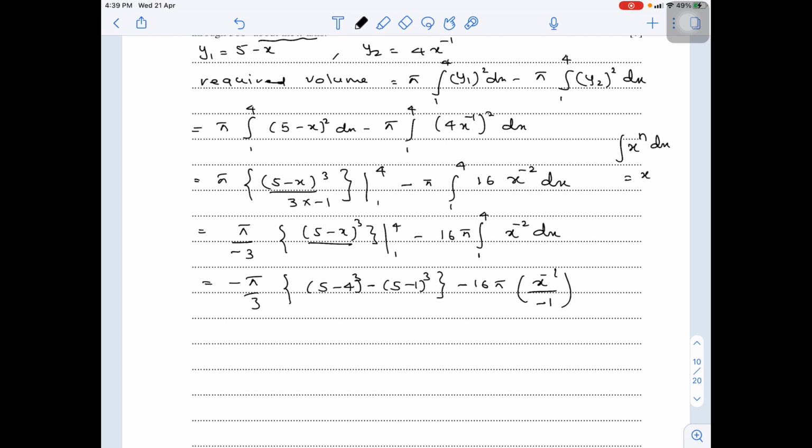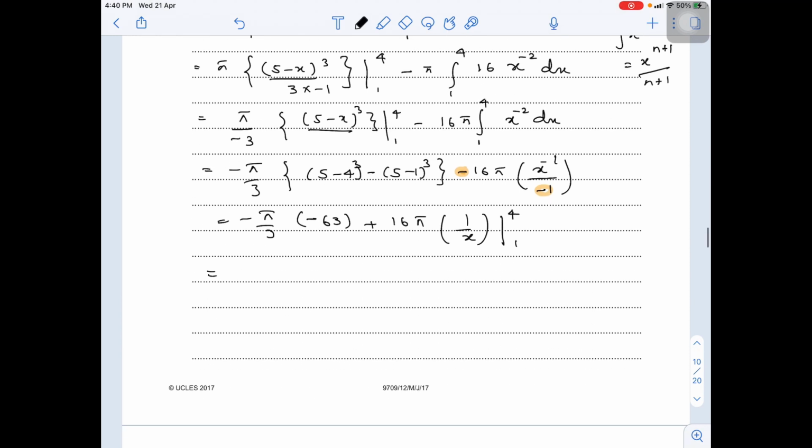That's the integration we are talking about. The integration of x to the power n dx will be x to the power n plus 1 over n plus 1. So you add negative 2 plus 1, which is negative 1, over negative 1. So that becomes negative pi over 3 times negative 63, plus 16 pi, and the negative becomes positive, and 1 over x from 1 to 4.